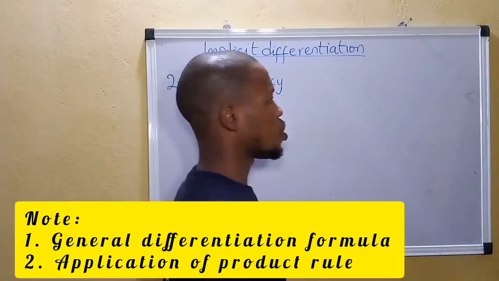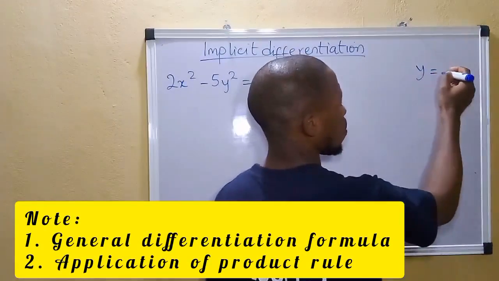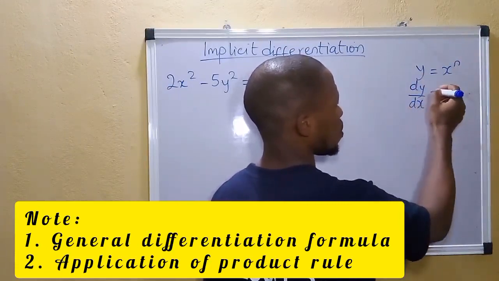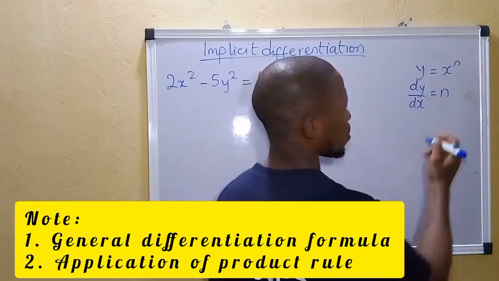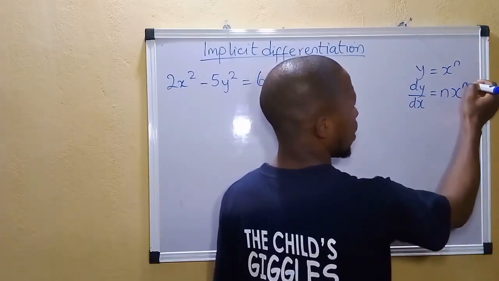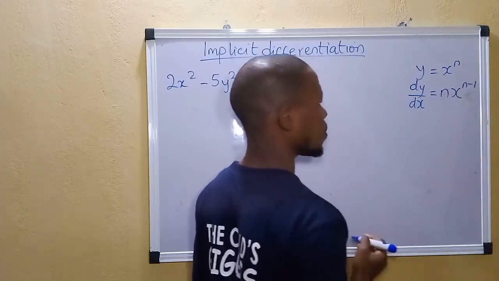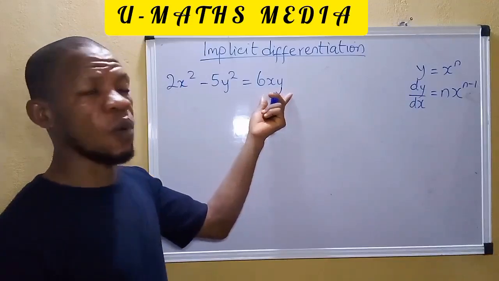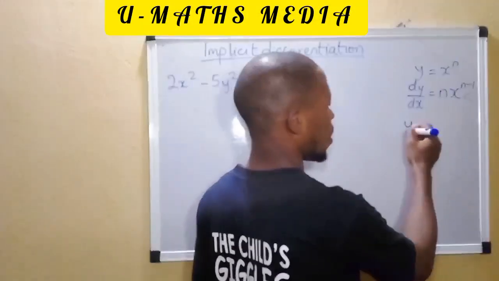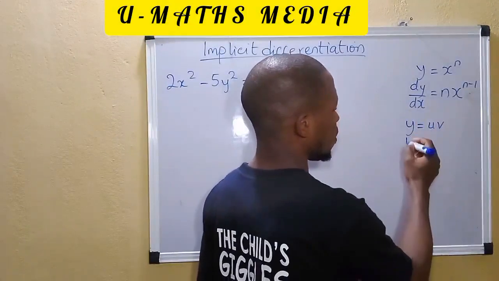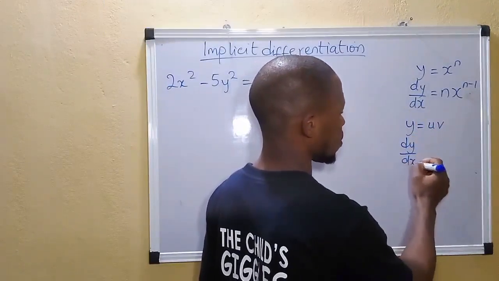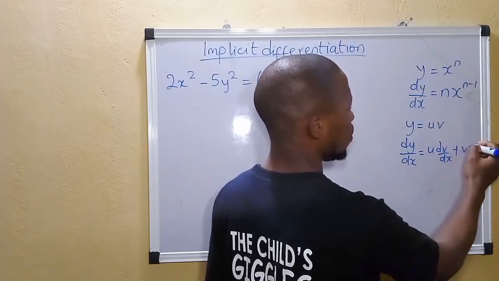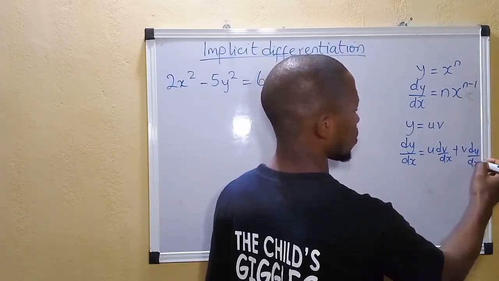For the standard differentiation, if y is equal to x raised to the power n, then dy/dx is equal to n times x raised to the power n minus 1. Then for the product rule, which we are going to apply because of this function of x and y, if y is equal to uv, then dy/dx is equal to u dv/dx plus v du/dx.